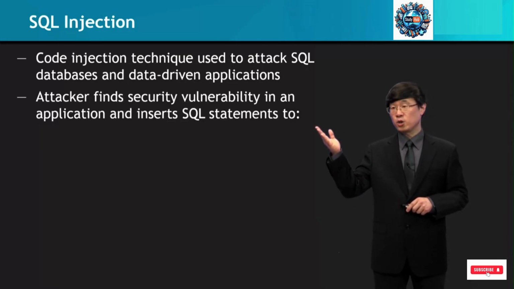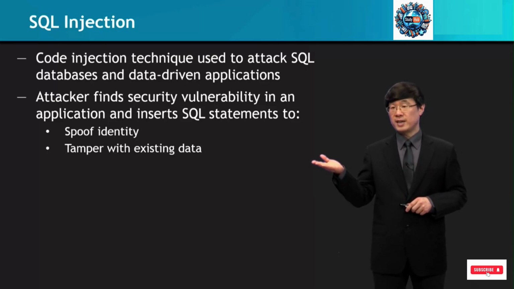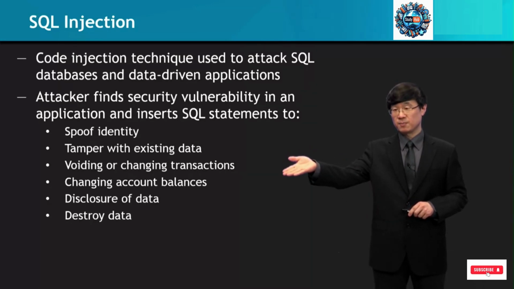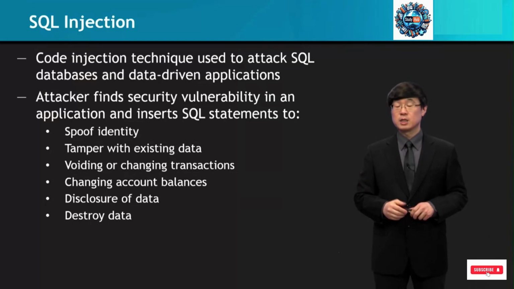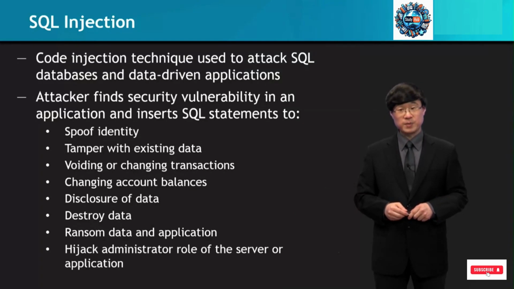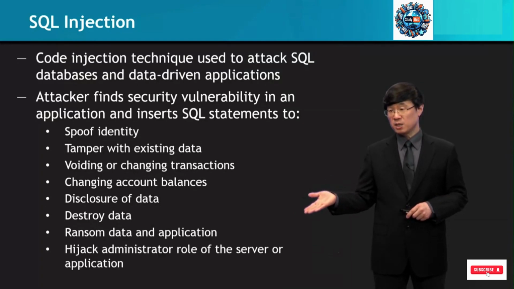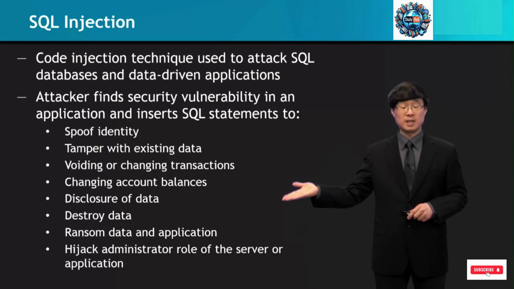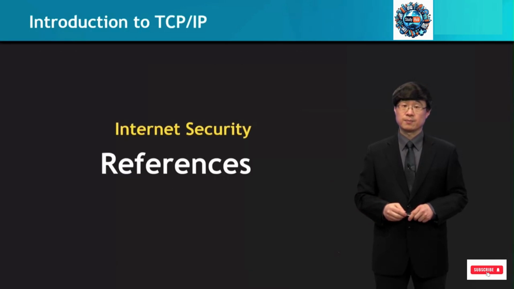An attacker finds a security vulnerability in an application and inserts SQL statements to spoof identity, tamper with existing data, void or change transactions, change account balances, disclose data, destroy data, and ransom data and applications. In addition, they can hijack the administrator role of the server or the application. As you can see, each one of these is very serious. These are the references that I used, and I recommend them to you.